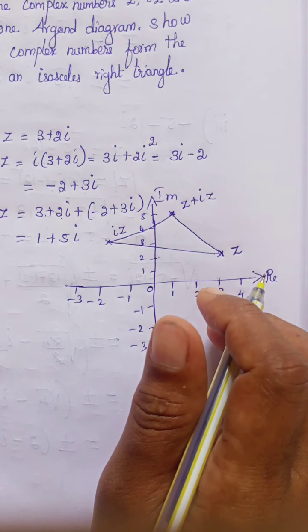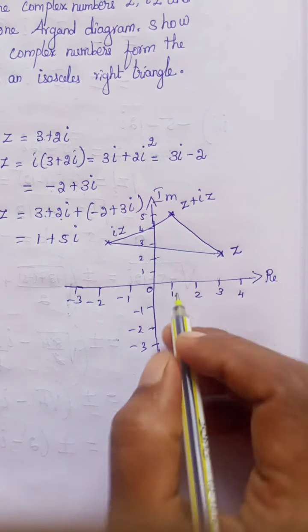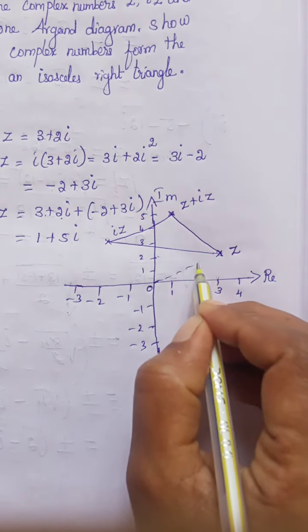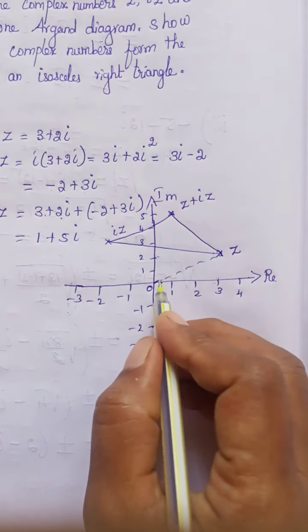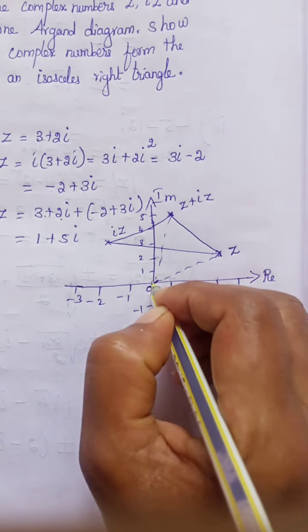The next part is, see, all this we have drawn from the origin. So that is how we got this diagram.